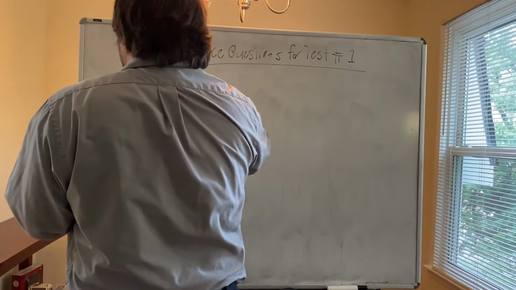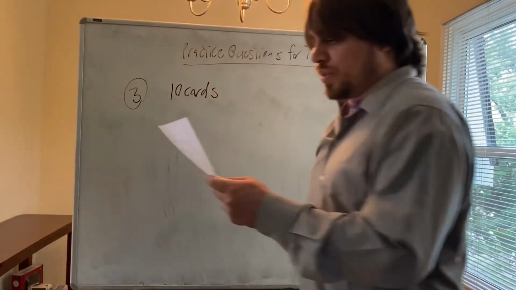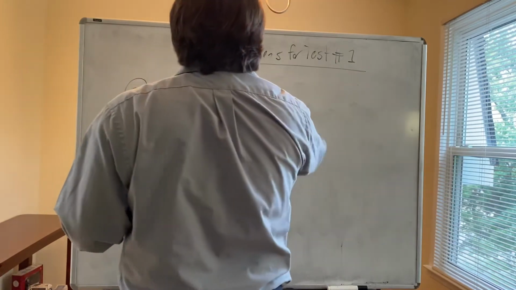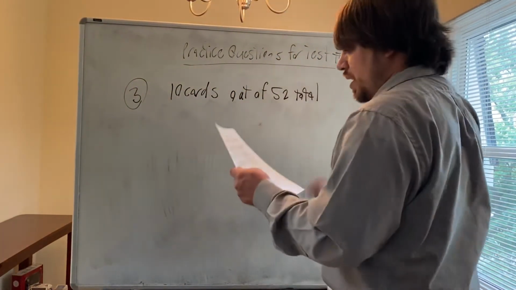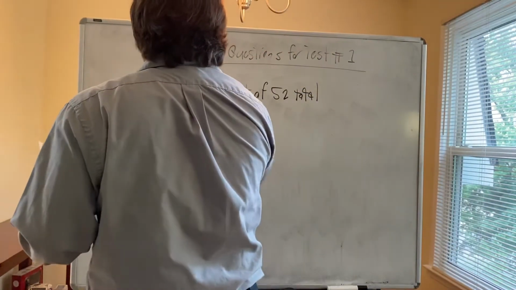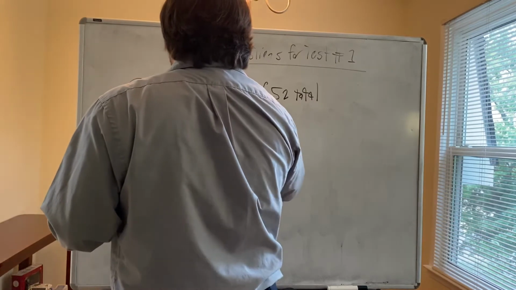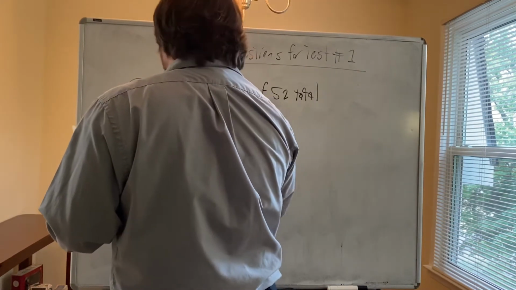So we want to choose 10 cards in total, out of 52 total cards. We want 3 clubs, 2 hearts, 4 spades, and 1 diamond.